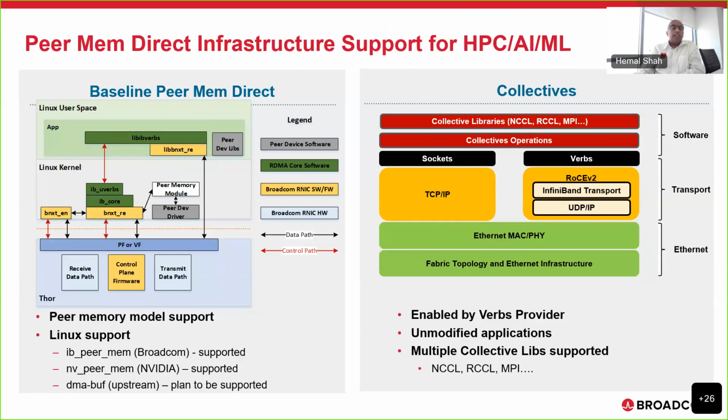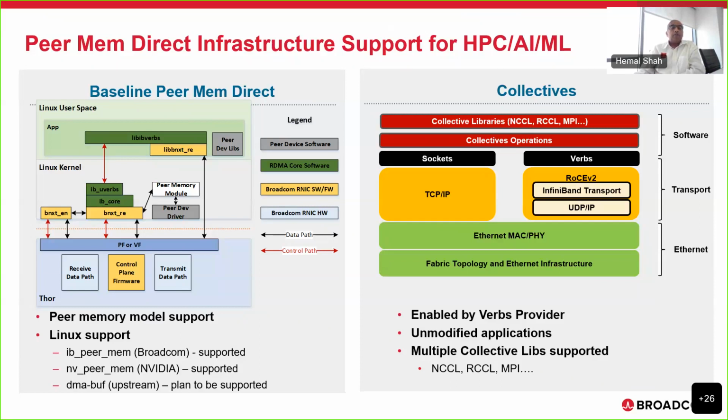From the RDMA NIC standpoint, the support infrastructure is very simple. In order to expose the peer memory, with RDMA we basically want to transfer data directly in and out of that memory.